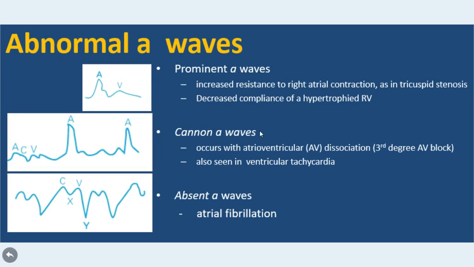These are examples of abnormal A waves. Prominent A waves suggest resistance to right atrial contraction, such as tricuspid stenosis, or a patient with a hypertrophic right ventricle, like in pulmonary hypertension.